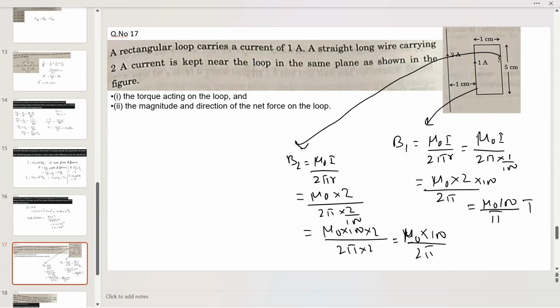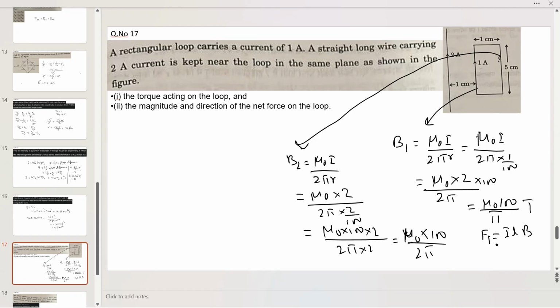Now the force: this is a current carrying wire which is placed in a magnetic field. So here the force F1 will be equal to I L B sine 90, because the magnetic field and the length are perpendicular to each other. Sine 90 is 1, so it will be ILB.